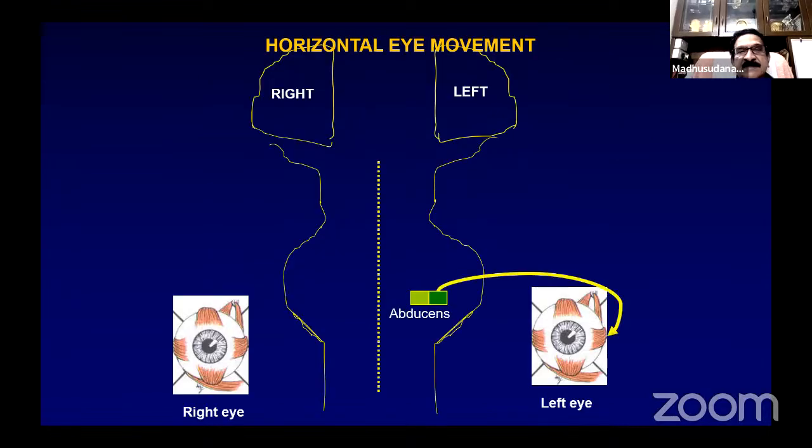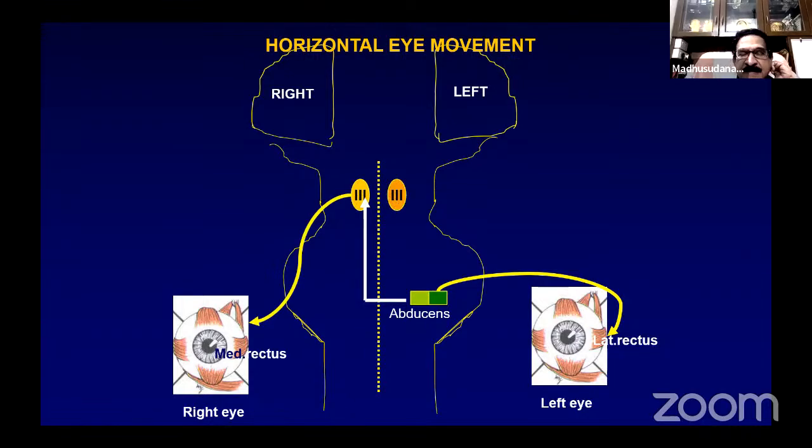So let us see, this is the right side and left side of the brainstem. This is the abducent nucleus on the left side, which as you all know supplies the ipsilateral lateral rectus, and through the internuclear pathway supplies the contralateral medial rectus subnucleus of the third nerve. So when the abducent nucleus gets activated, you move towards the left side.